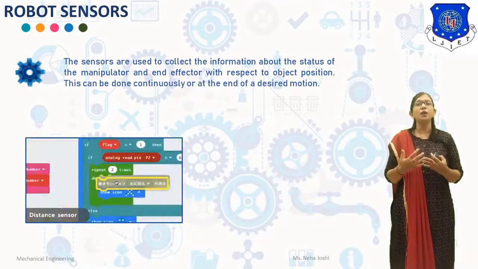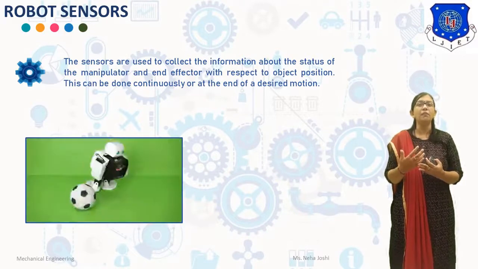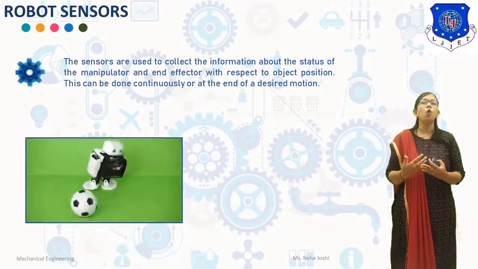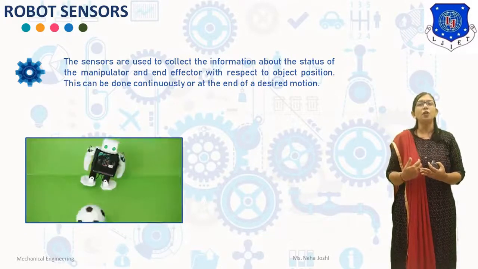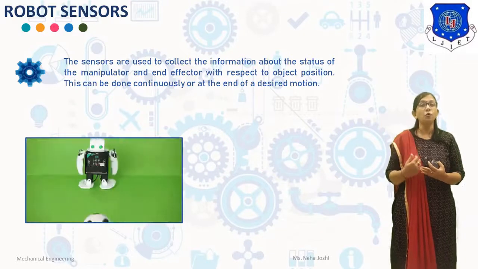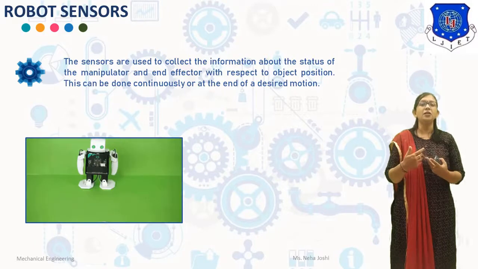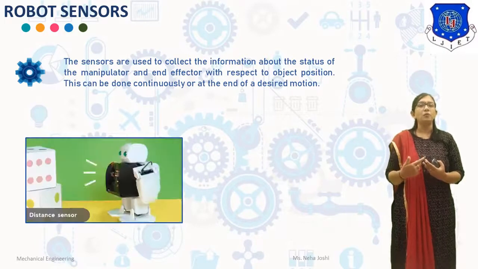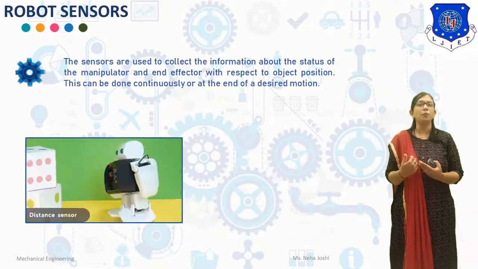Sensors are used to collect information about the status of the manipulator and end effector with respect to object position. This can be done continuously or at the end of a desired motion. The sensor collects information like instantaneous position, velocity, and acceleration of various links and joints of the manipulator.